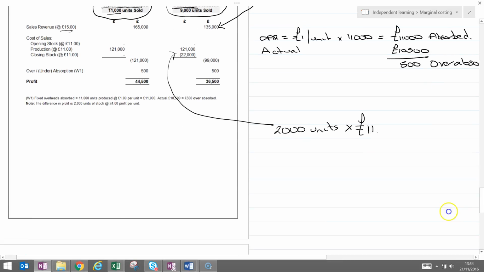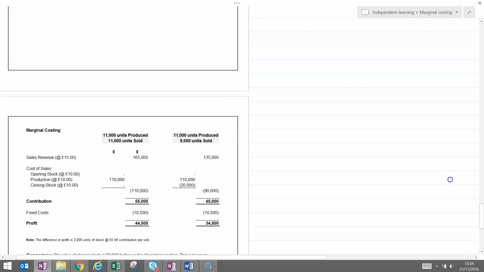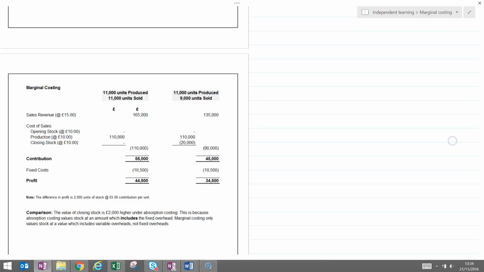So if we have a look at this one. So firstly, 11,000 units produced, 11,000 units sold. So our sales revenue, 11,000 units at £15 a unit. So we've got the same sales revenue as before. Then we have cost of sales.